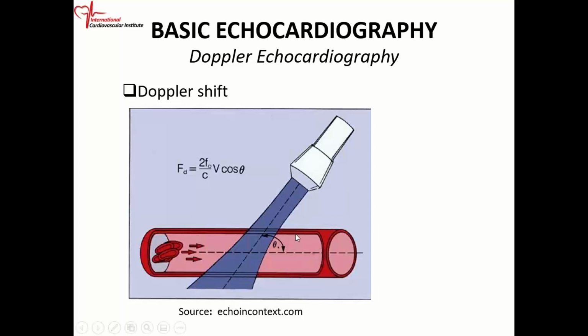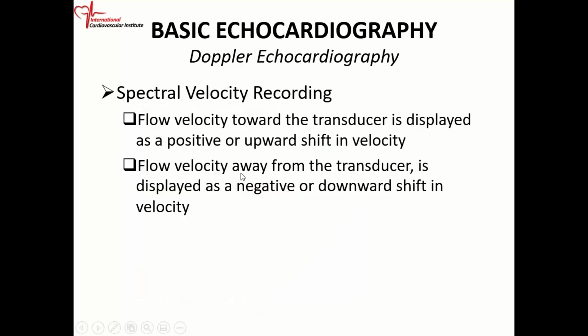When you're doing Doppler ultrasound, you always strive to get this angle close to 0, which means you want to get the ultrasound beam parallel to flow, so you can get maximum velocity. Cosine of 0 is 1. Cosine of 90 is 0.